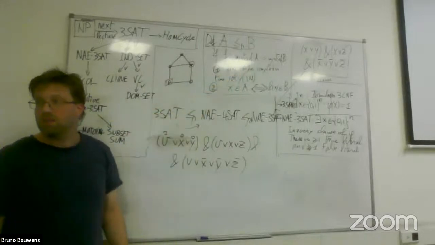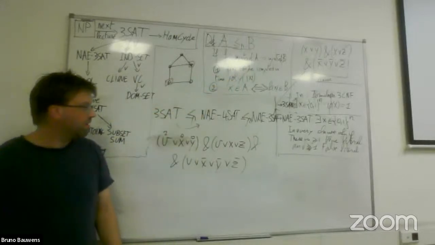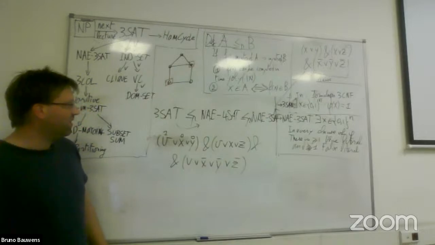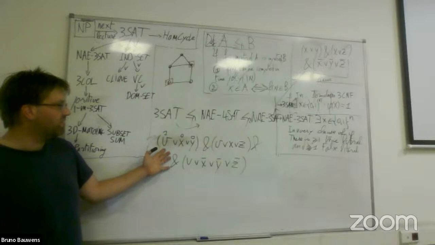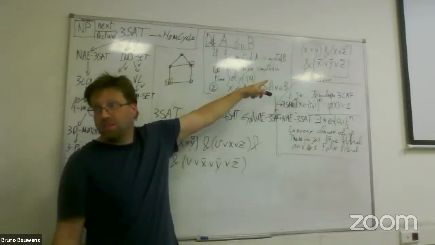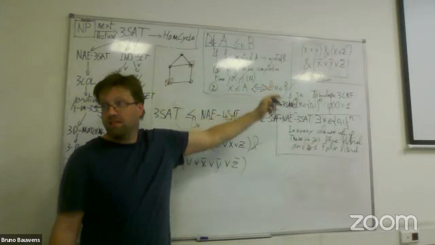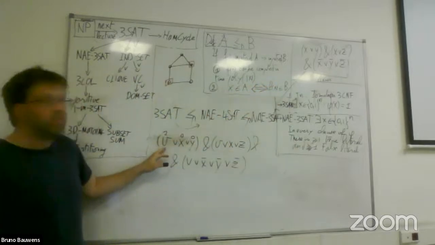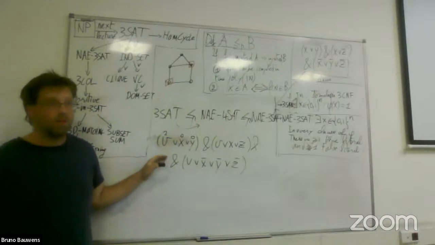So we try to throw away the x. No, we assume there is a satisfying assignment here, and we need to convince me there is a satisfying assignment there. And so we can go from here to there by throwing away the v.